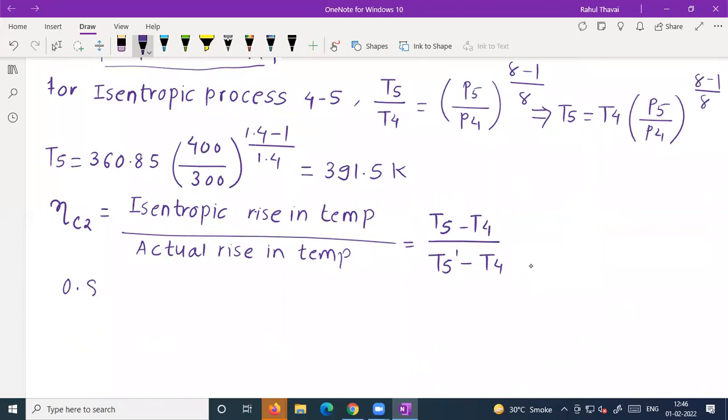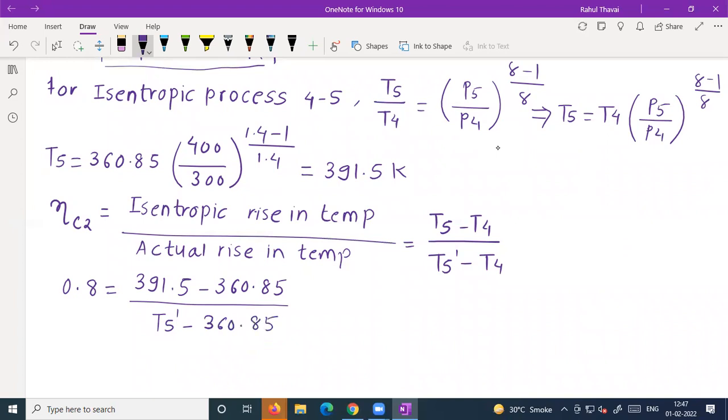Now let us put in the values. This is 0.8, given by T5, which we just calculated as 391.5, minus T4. The value of T4 we have taken is 360.85, divided by T5 dash, which I am supposed to calculate, minus T4, 360.85, right?